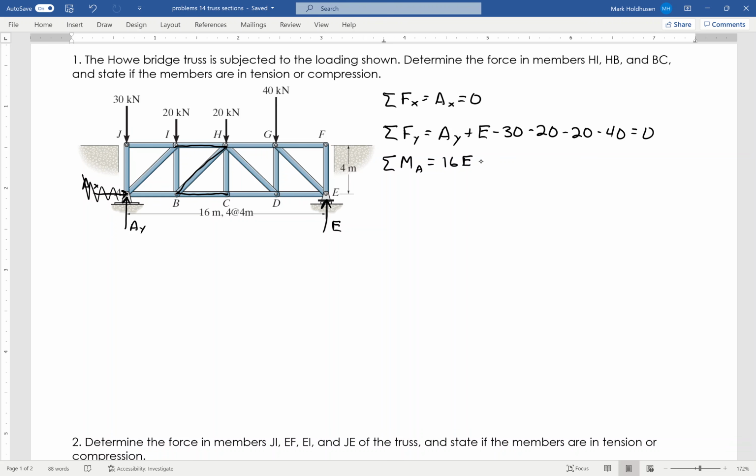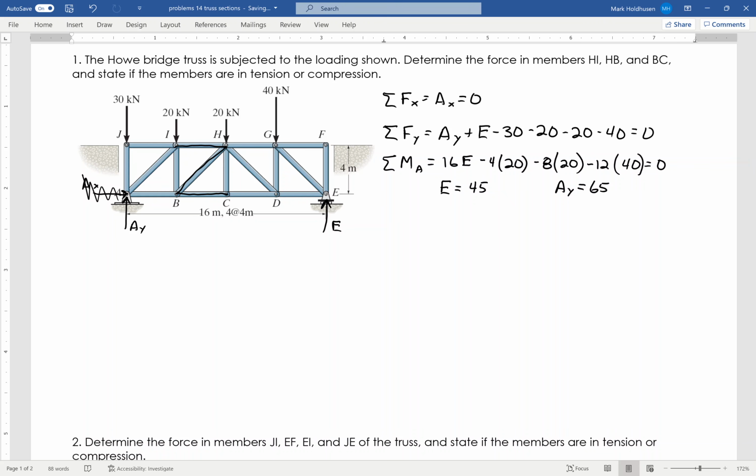So that's negative 4 times 20, negative 8 times 20, and negative 12 times 40, like so, equals 0. From that, I learned that E equals 45, and I learned that AY then equals 65. So I've got those reactions.